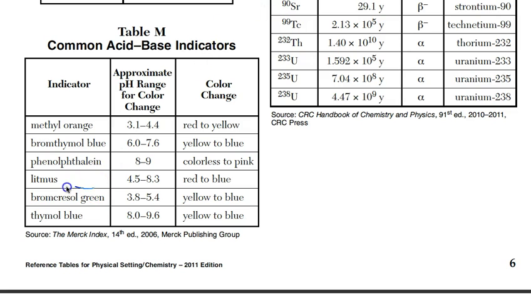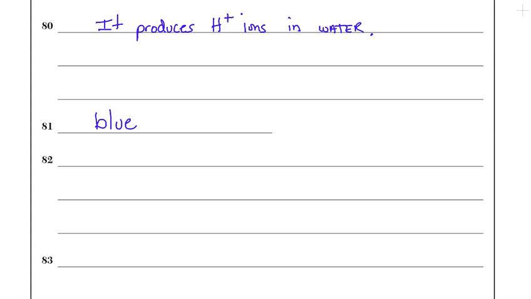When the pH is 7, that means it's 5.4 or higher, it's blue, right? Yellow to blue. So blue is 5.4 and higher, and 3.8 and lower would be the yellow. That's how you read that, right? The first color is for this side and lower. The second color is for this side and higher. So because it's above 5.4, pure water would be blue. Yep, a table M question right from the table, 81 blue.